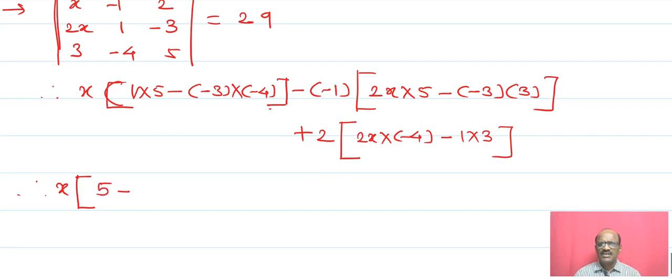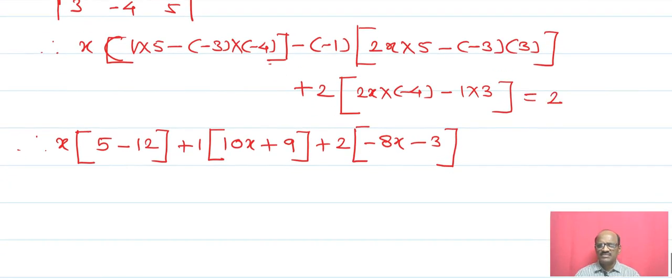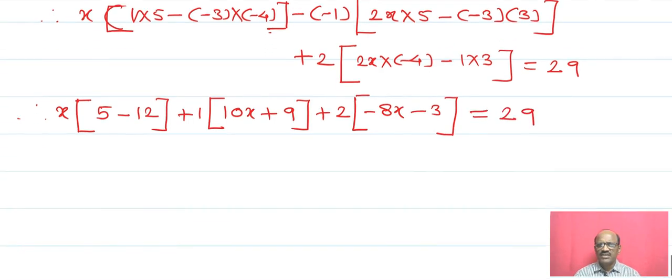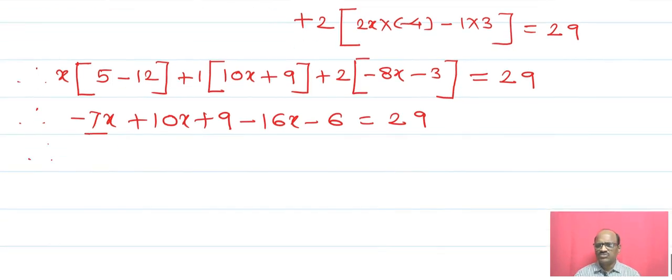That is x in bracket 5 minus 12, because minus minus becomes plus and again there is minus. Therefore, x minus 5 minus 12, 1 in bracket 10x plus 9, plus 2 in bracket minus 8x minus 3, and that is equal to 29. Now simplify this. Minus 7x plus 10x plus 9, that is minus 16x, minus 3 into 2, that is minus 6, equal to 29.